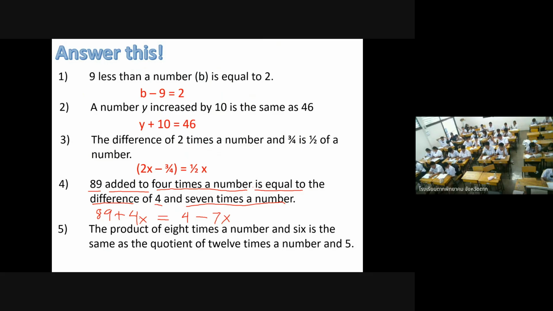Okay, and that would be your answer: 89 plus 4x is equal to 4 minus 7x.